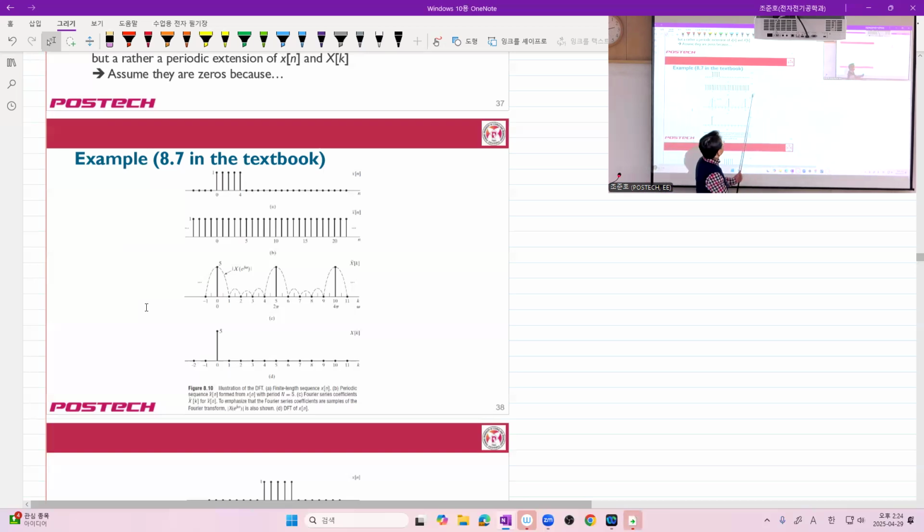The difference is that if this period is 1, then that period is 2 pi over 1, that is 2 pi. Ready? So you have this, actually 5 here. And here goes the DFT. That is 5, 0, 0, 0, 0. Ready?